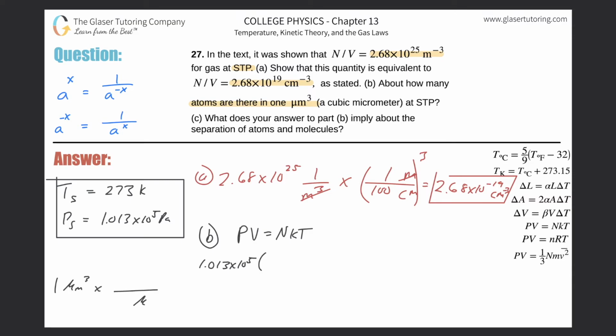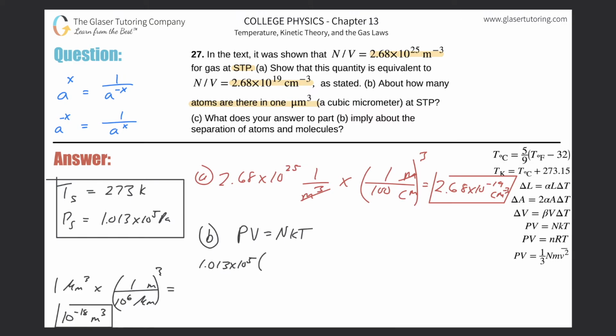Micrometer on the bottom, meter on the top. You have to know that there are 10 to the 6 micrometers in a meter, and then you cube this result to get the appropriate units. This works out to be 10 to the minus 18th cubic meters.